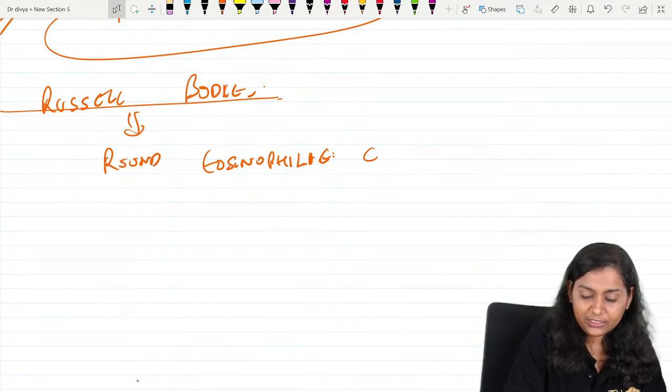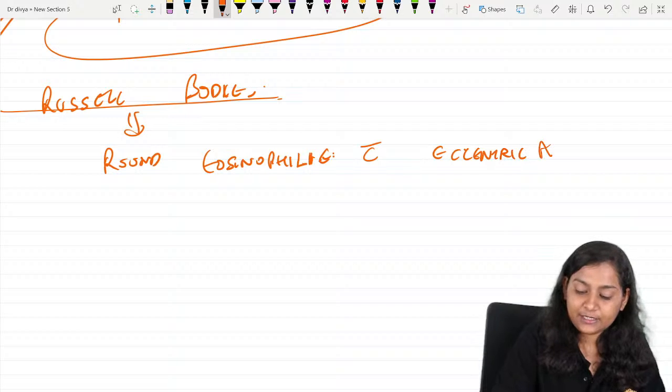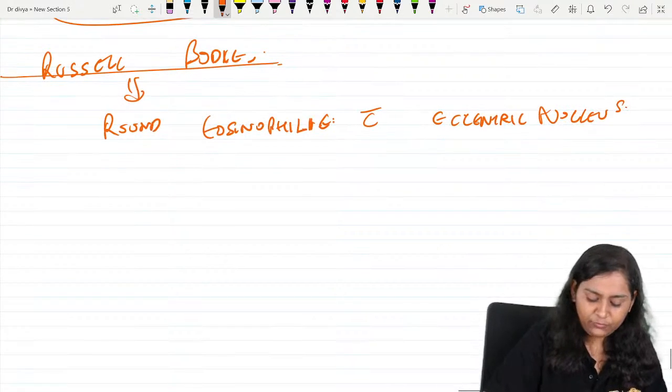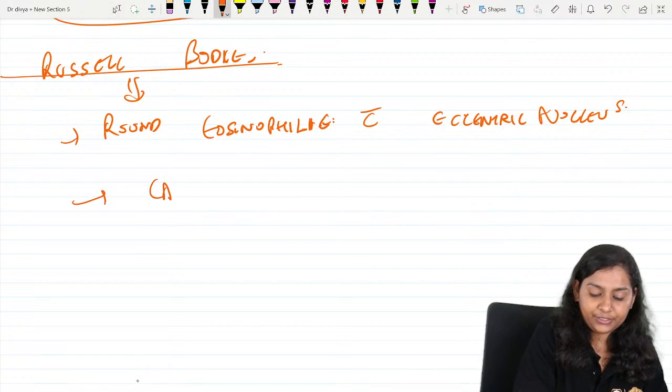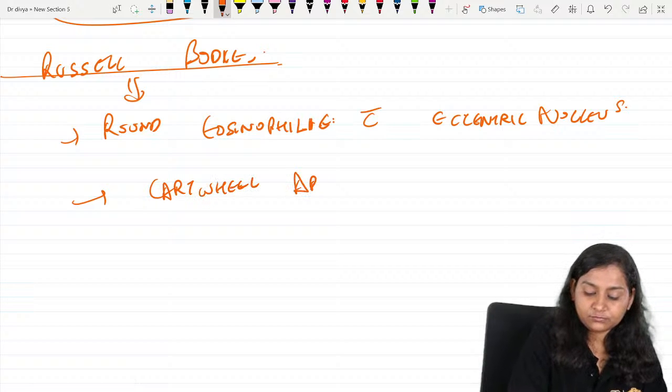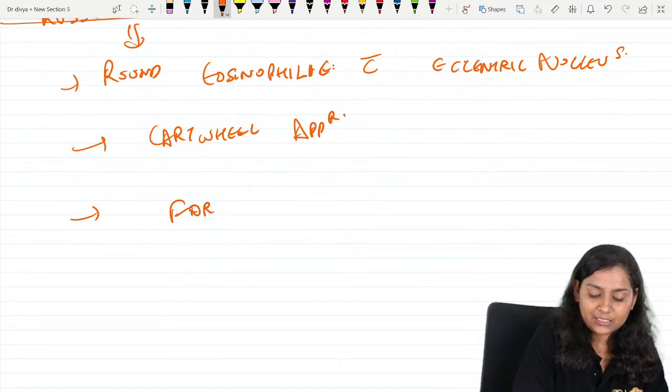Round eosinophilic with eccentric nucleus. And when we see it in higher magnification, it gives a cartwheel appearance.